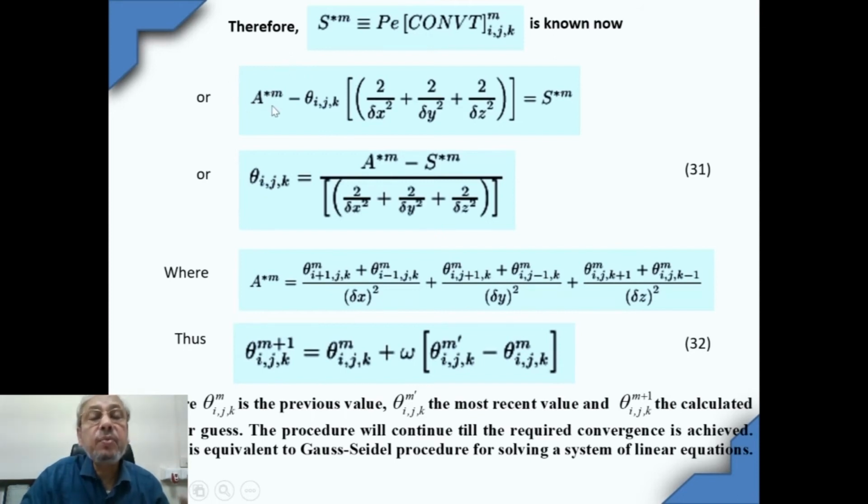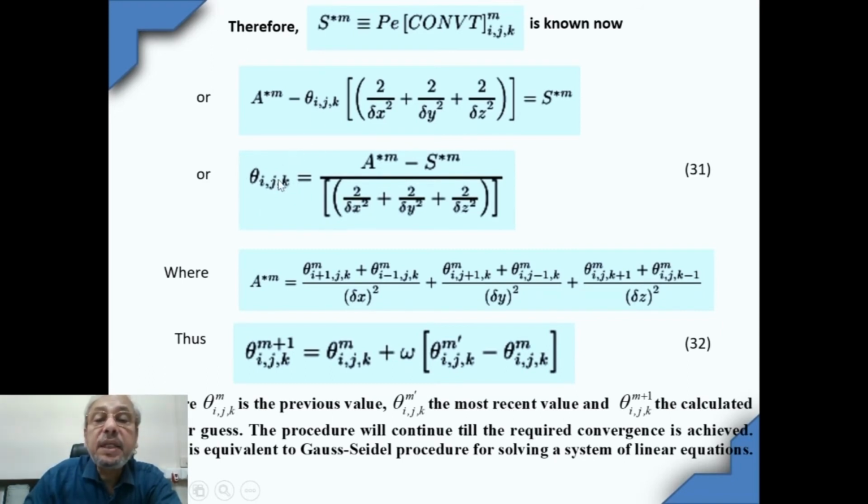So if the previous level is known, when we are going for the next level, we can call them together A star to the power m, and from this expression we can get a clearly explicit expression for theta ijk.